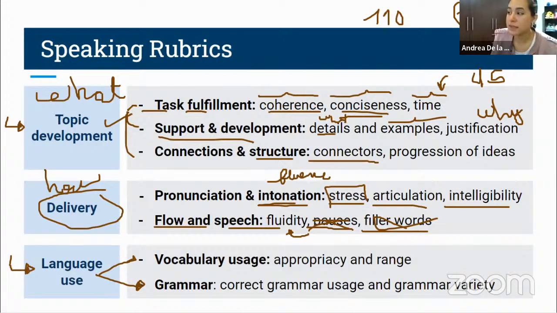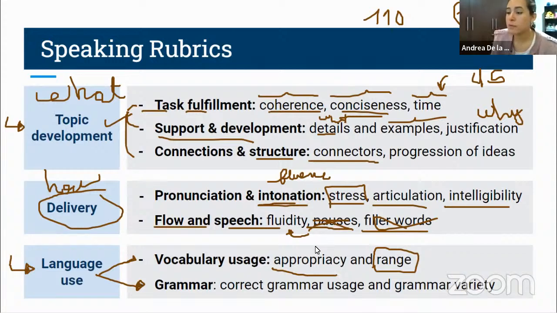You can't be using basic words and expect your score to be high, right? So it depends on what you need. If you really want a top score, you're gonna need to show a wider range of vocabulary, and not only a wider range, but you're also gonna need to use appropriate vocabulary.